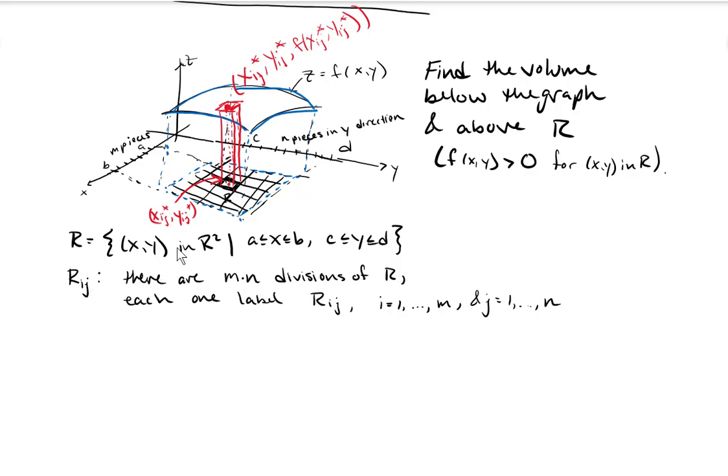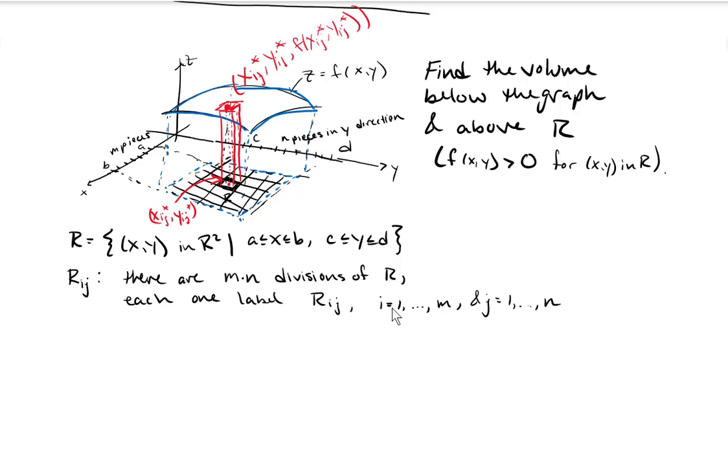And so the idea again is, we sample each of the ijth ones of the Rij rectangles at some sample point, xij star, yij star, to give this sort of idea of what height this little tower should be so that it gives us the volume underneath our surface, but just above this little Rij. And we add up what we get from that over every single one of these rectangles.